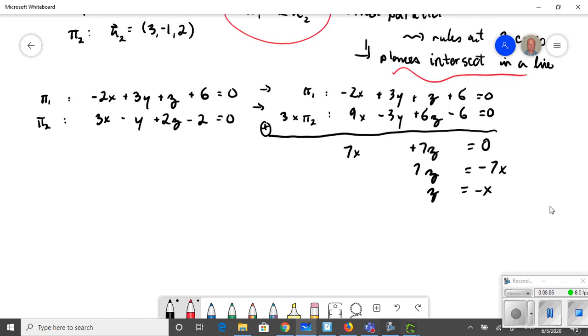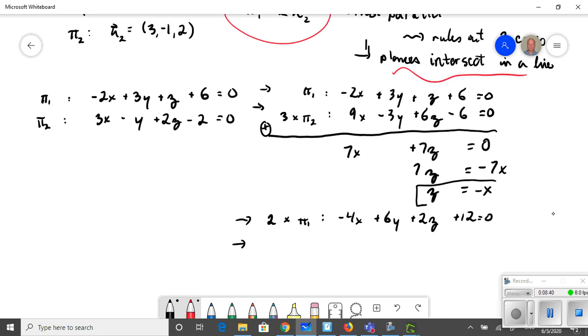So I want to consider the two Cartesian equations again, and this time I'm going to eliminate z and write y in terms of x. I've got to find one variable that I'm going to write the equations in terms of. If I multiply equation 1 by 2, I'll have negative 4x plus 6y plus 2z plus 12 equals 0.